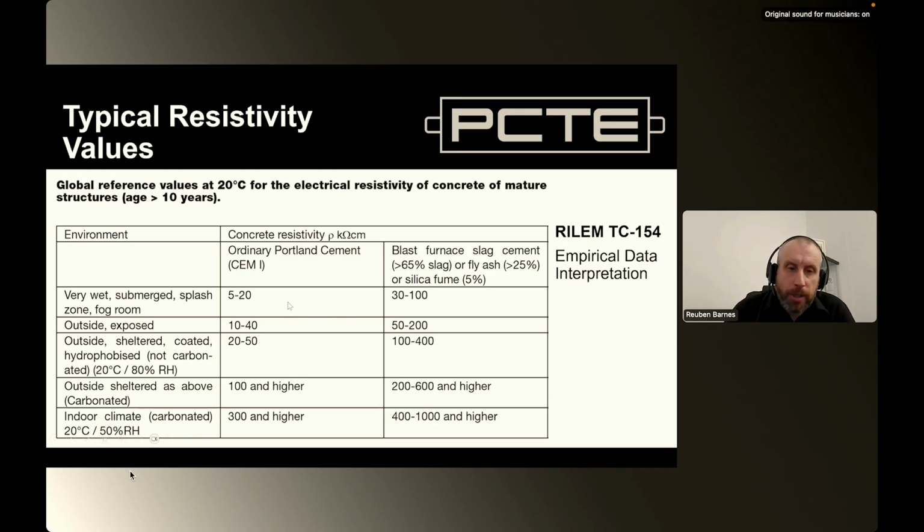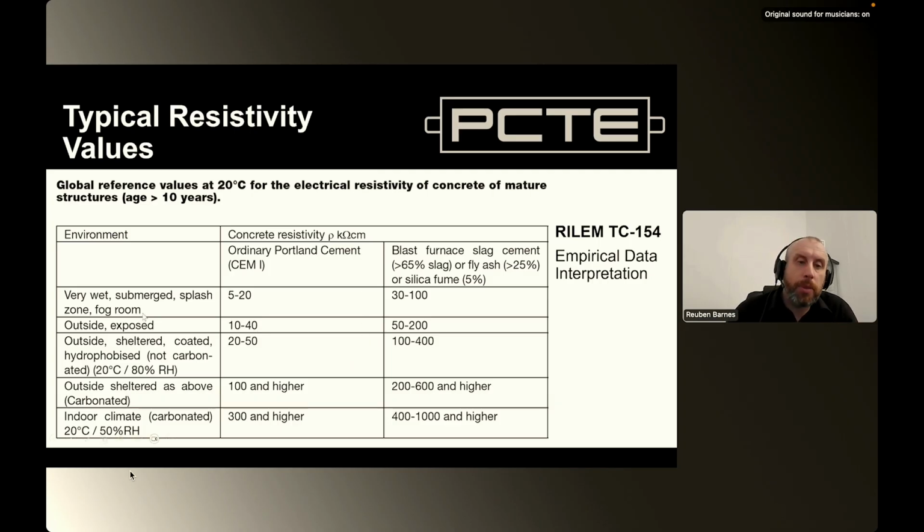But the major thing to look at here is the effect that having these additional SCMs has on the results. The SCMs tend to give much higher resistivity readings, not necessarily correlating to specific increases in corrosion protection.